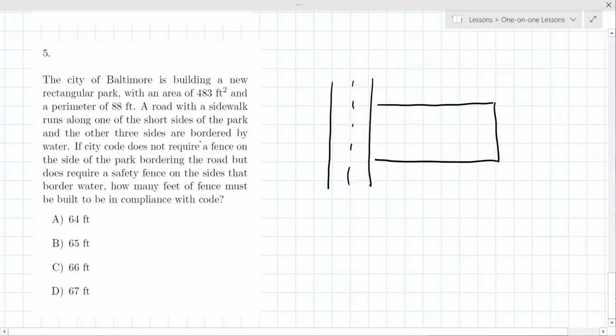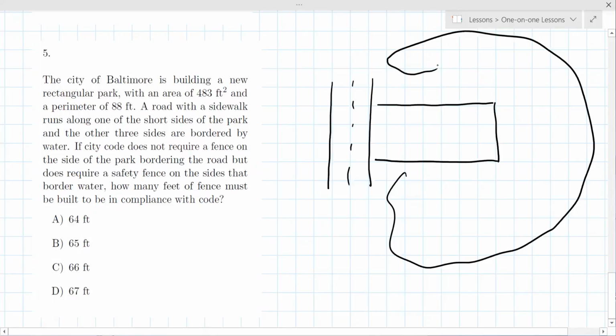And the other 3 sides are bordered by water. So there's some sort of a lake here. If city code does not require a fence on the side of the park bordering the road, but does require a fence on the side that borders the water, so that means there's fencing here, fencing here, fencing here. How many feet of fence must be built in order to be in compliance with the code?